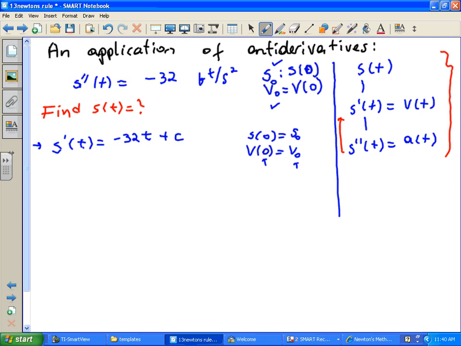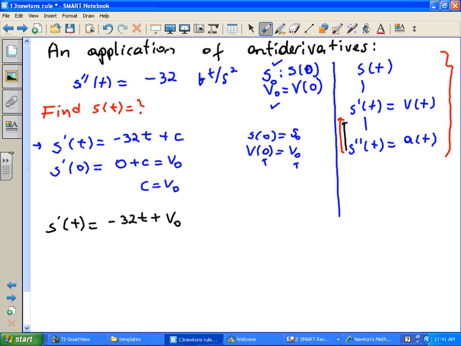So plug in 0 for t. Get 0 plus c, and set that equal to v sub 0. So that means c is equal to v sub 0. Now I can update my equation. My s prime with this extra information can be written as negative 32t plus v sub 0. So now I've gone one level back up from s double prime to s prime.